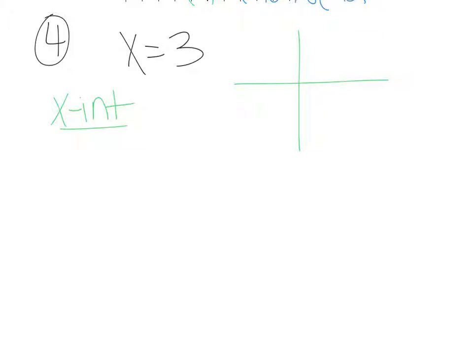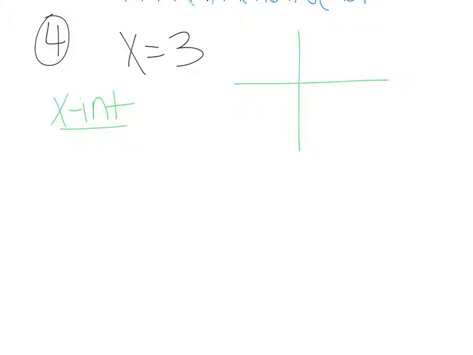How is that possible? It's going to have to be parallel to it, right? The only way that I have a line that won't ever cross my y-axis is if it's parallel to my y-axis, okay? So x equals 3, it's going to be a parallel line, which is great, but can I just put it anywhere?